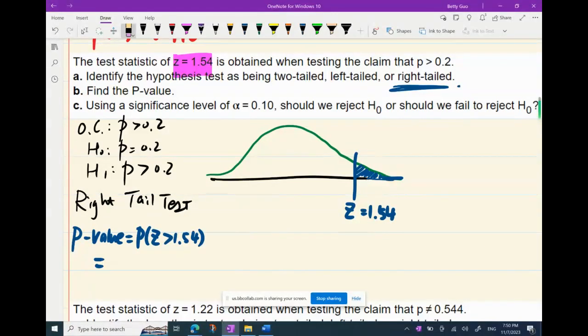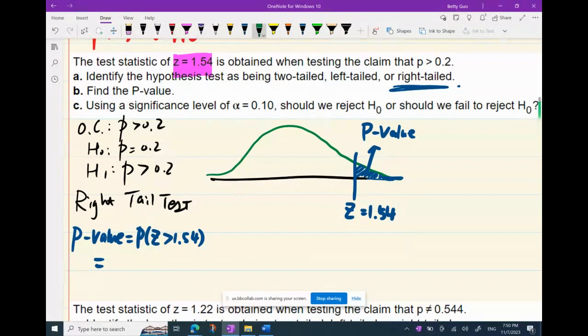So this time we are going to find the p-value, which is the area of the region shaded in blue, the region to the right of the test statistic. It's right here. Then what function are we going to apply in the calculator?